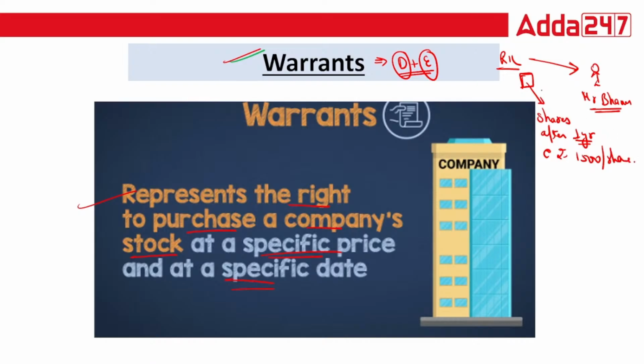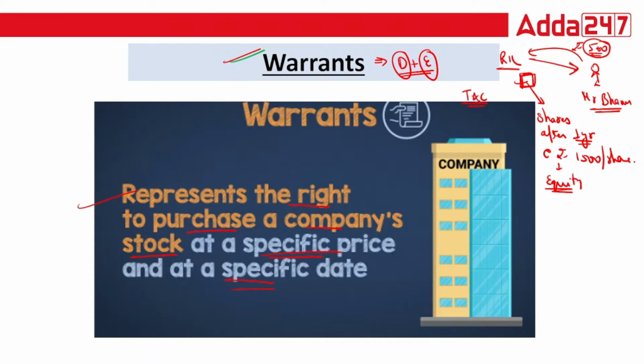So Mr. Bhanu said, oh, I'm interested in this. But Reliance says there are terms and conditions which you need to read. As per the terms and conditions, if you want to purchase this document today, you need to pay, let's say, rupees 500 today. Then only after 1 year will we provide you equity at the rate of 1500 per share.